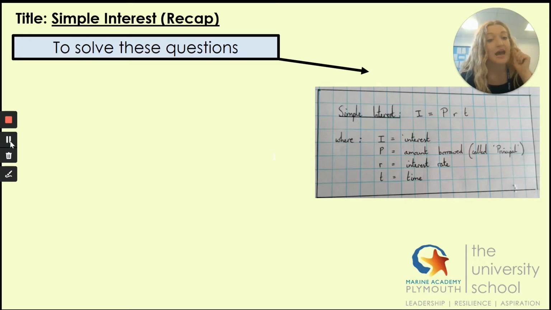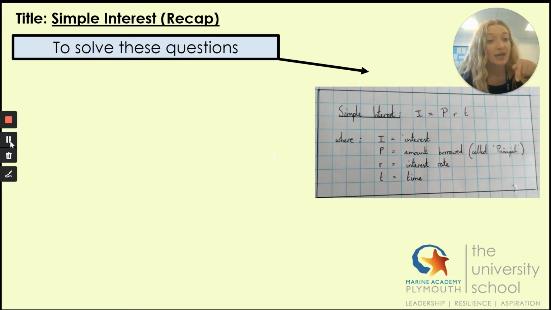I stands for the interest we're calculating. P stands for the amount borrowed, or the principal. R stands for the interest rate. And T stands for the time.